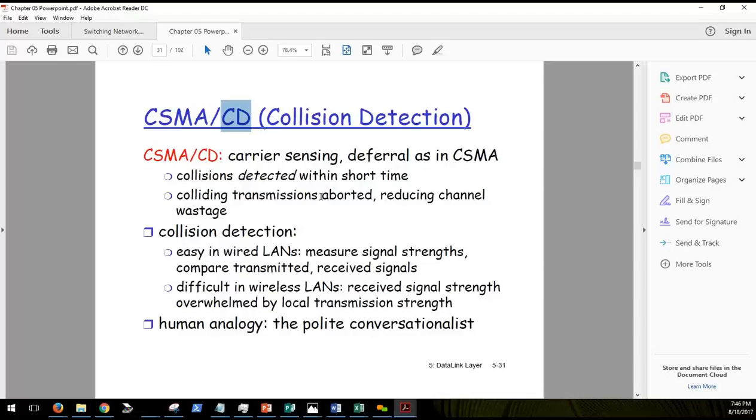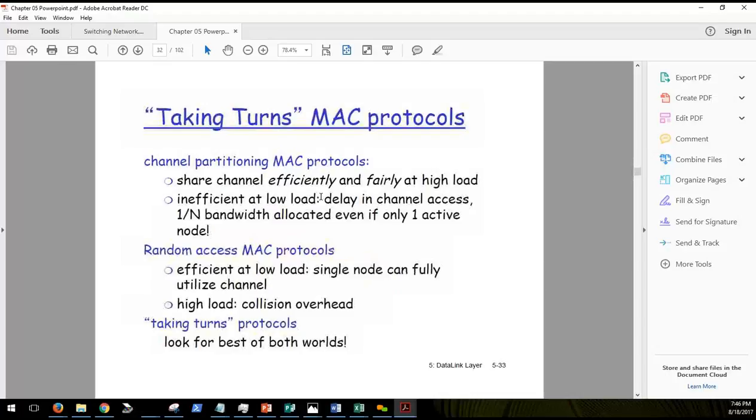Okay, so next we've got taking turns. Taking turns is another access protocol that we have.